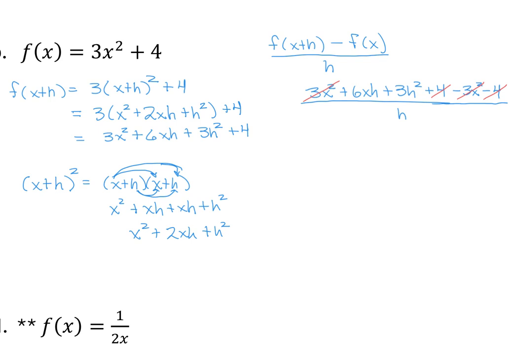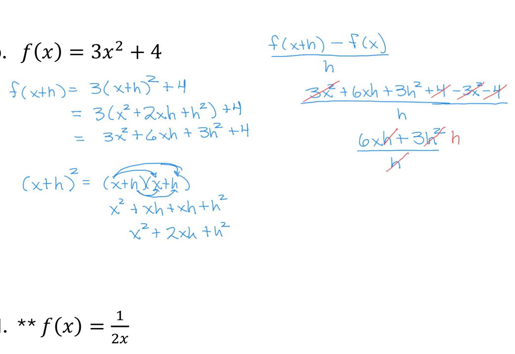And notice here that what we are left with is 6xh plus 3h squared all over h. All of these terms have an h, and so they can cancel out. So we can cancel an h from the first term. We can cancel an h from the second term, but we will still be left with an h.